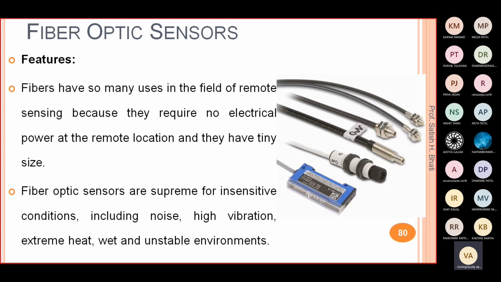The sensors are supreme for insensitive conditions including noise, high vibration, extreme heat, weight, and unstable environment. So this cable you can use in any abnormal environment condition, right? These are the main advantages of the fiber optic type of sensor.